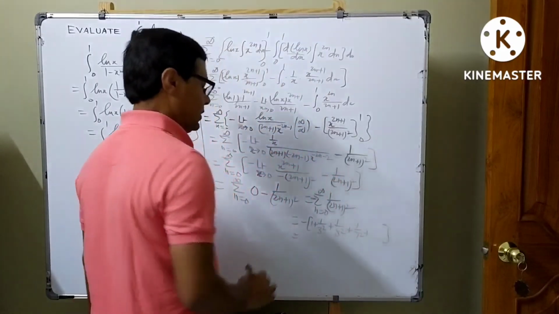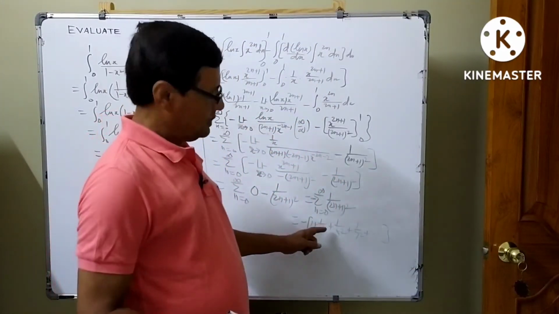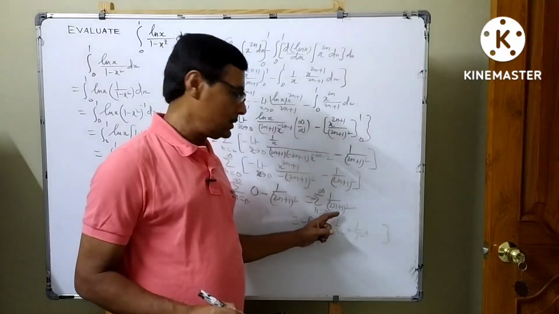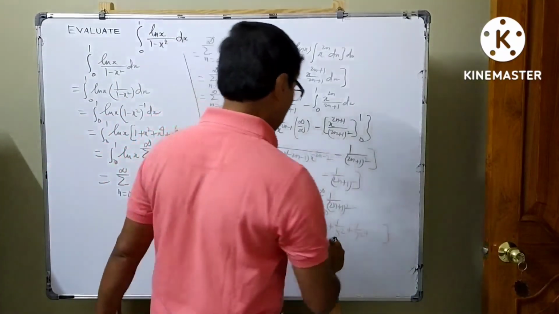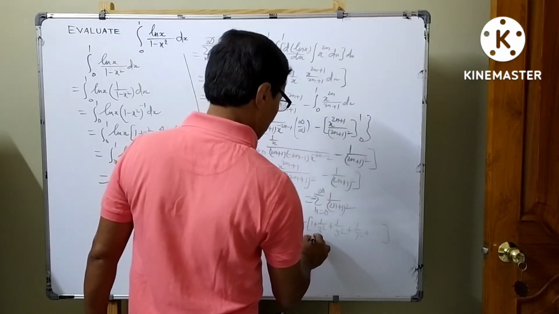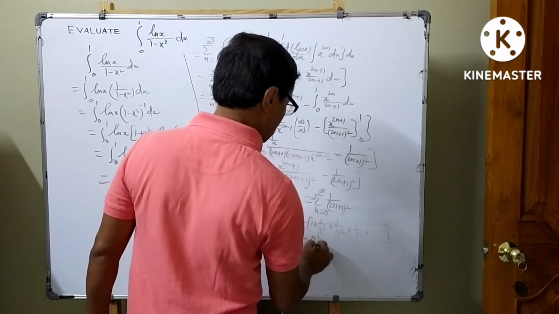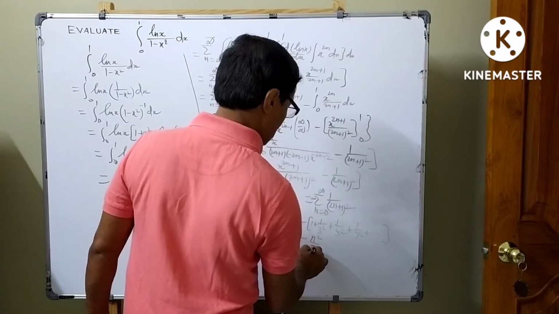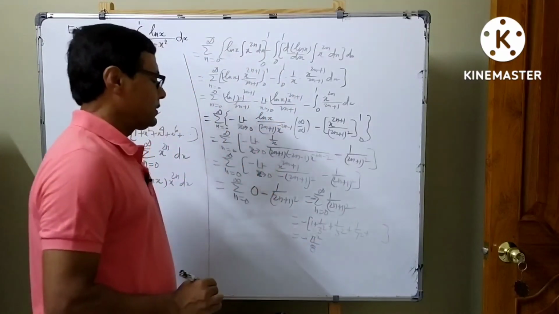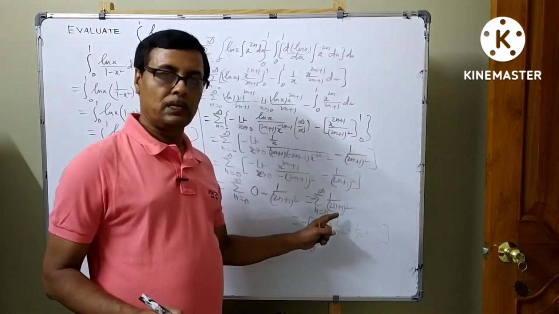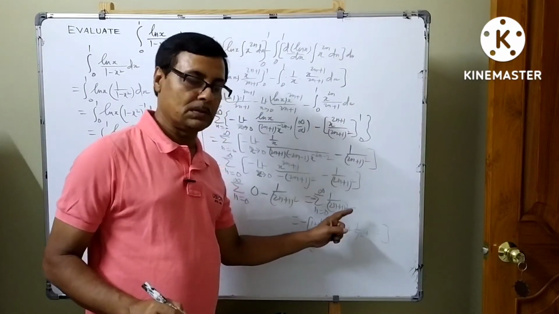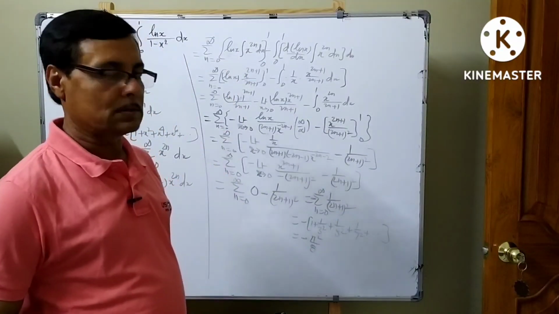This is a very well known series. The value of this series is pi square over 8. So the value of this series with the minus sign is minus pi square over 8.